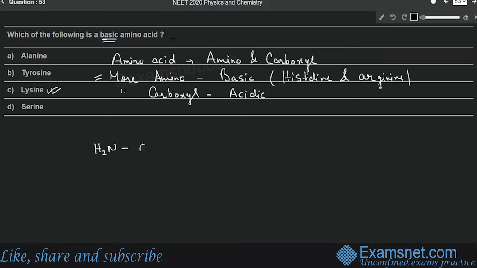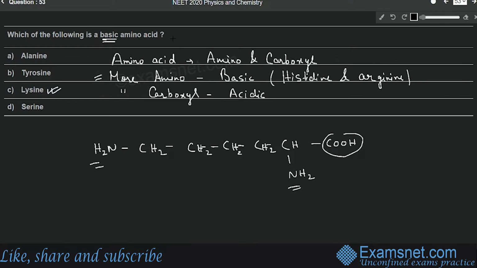NH2, then we have 5 carbons: CH2, CH2, CH2, then again CH2, and here we have CH, one carboxyl group and one amino group. So we have two amino groups in this and only one carboxyl group, so it will be basic in nature.